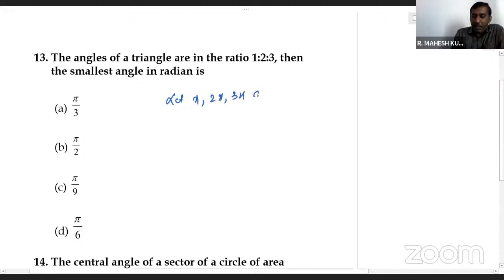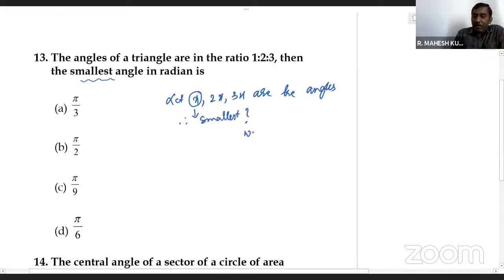These are the angles. So now x, 2x, 3x are the angles. You are supposed to find the smallest angle in radian. Which is the smallest angle here? X is the smallest, right? So this you need to find out.